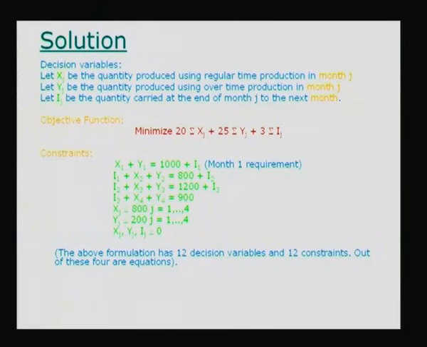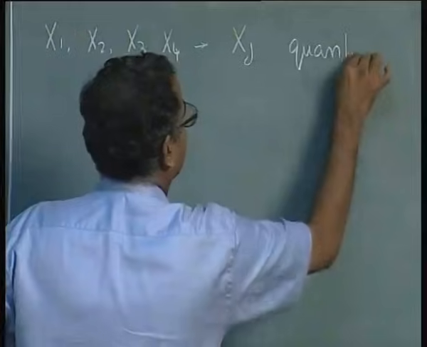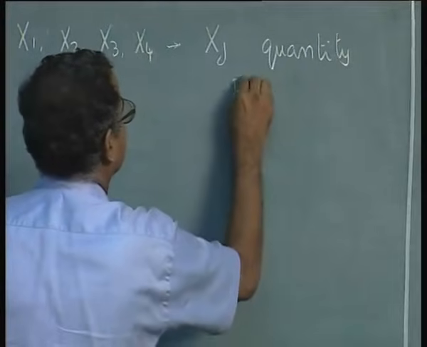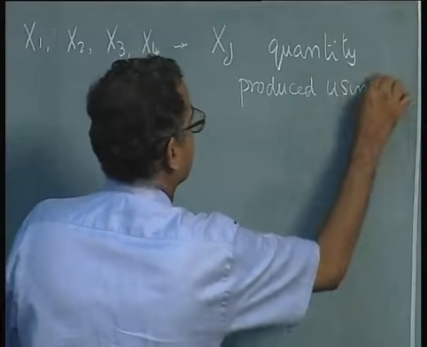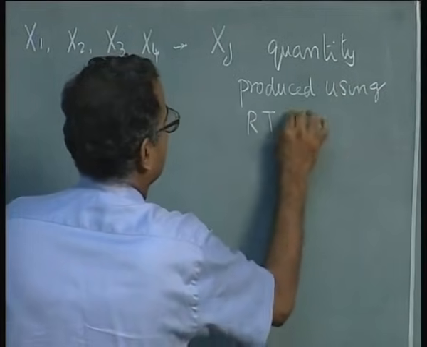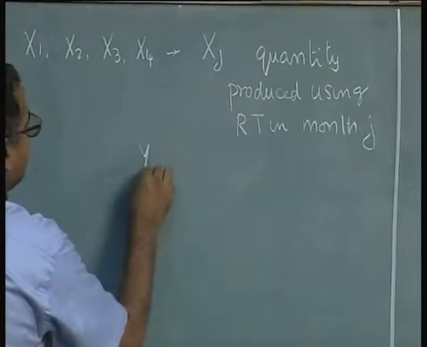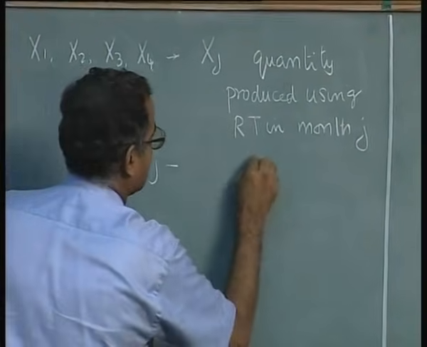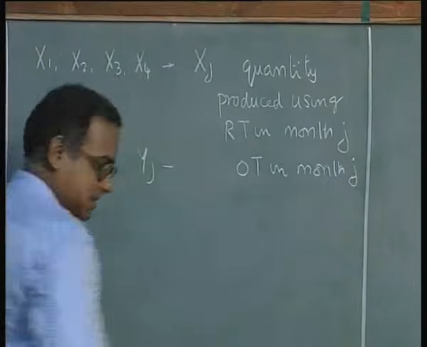Now, the first thing we do here is we define x1, x2, x3, x4 or in general xj as quantity produced using regular time production in month j, and yj as quantity produced using overtime in month j.